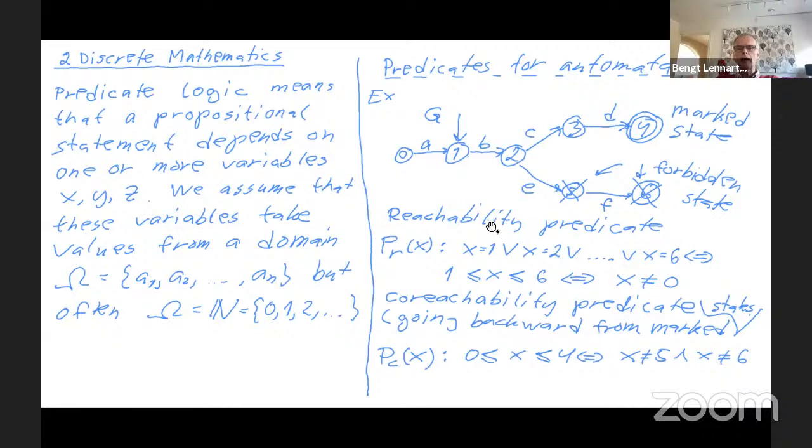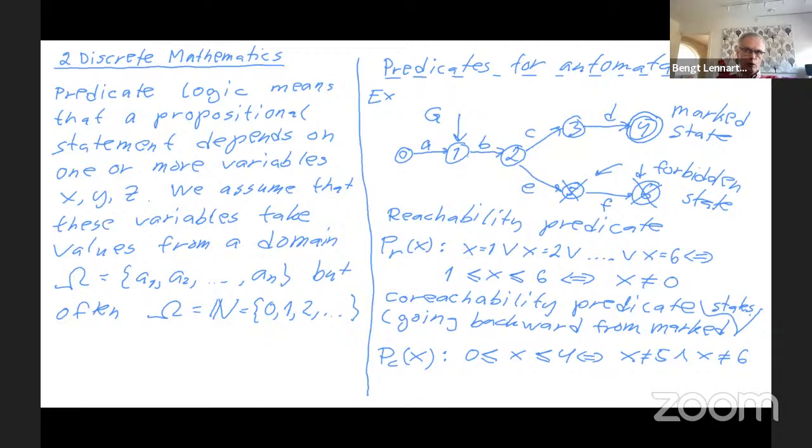The reason why I am interested in introducing predicates here, for example, describing the reachable states, is that some algorithms are very much based on this type of predicate expressions.